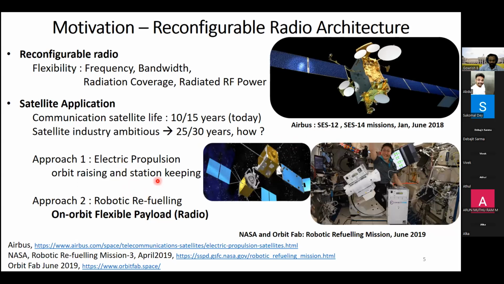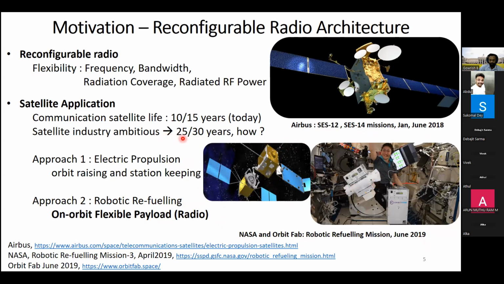No, this is happening as we are speaking. For example, the Airbus SES-12 and SES-14 missions already incorporate electric propulsion system in their communication satellite. This was launched in 2018, 5 years ago. And NASA and Orbit Fab have already demonstrated robotic refueling of chemical fuel in the International Space Station in 2019.